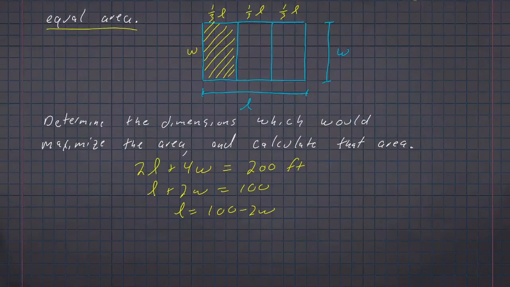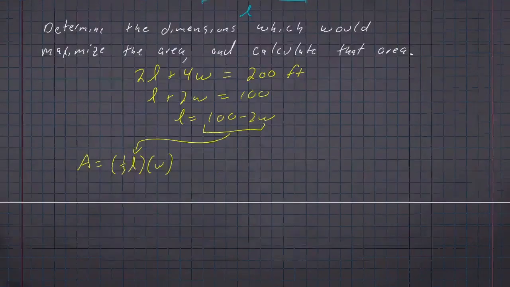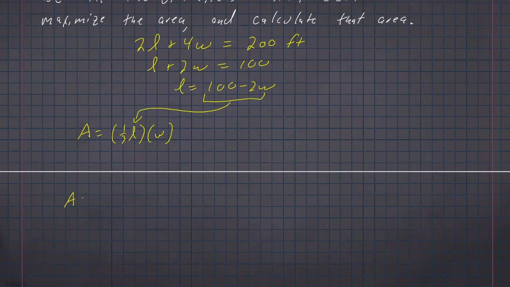So area is length, which in this case is 1/3 L, times width, which is W. And of course, we have this expression for L, so we'll throw that in as well. And we get that area is 1/3 times 100 minus 2W times W. All right, this is a horrible, ugly mess, but we can deal with it.